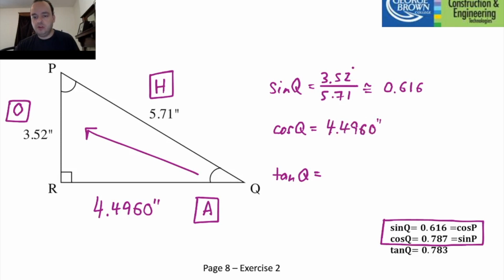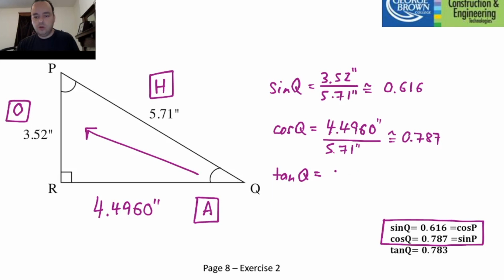And keep in mind, these are all inches, so if I'm getting a little lazy there, I apologize. The hypotenuse is 5.71 inches, and that gives us an answer of 0.787. What are the units here? The answer, there are no units. Okay, it is just a ratio.